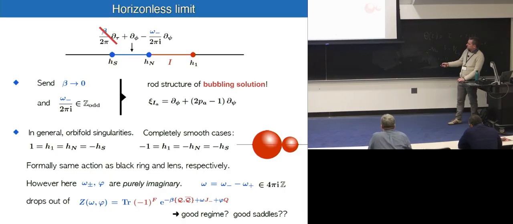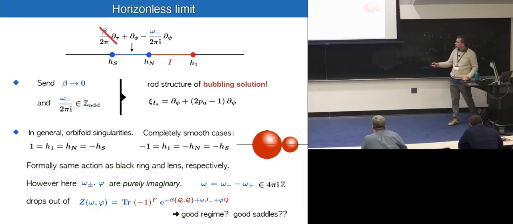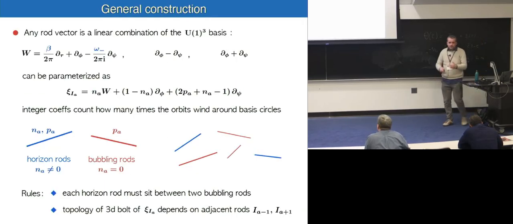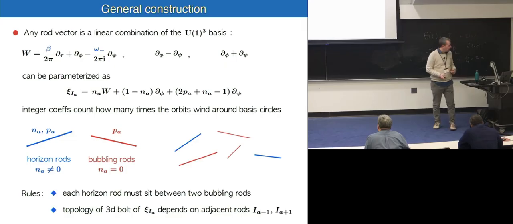Again, here I'm emphasizing this question, whether this regime of the chemical potentials is a good one, if we can push the index somehow to this regime where the chemical potentials become purely imaginary and integer multiples of 2 pi i. So the construction can be generalized.